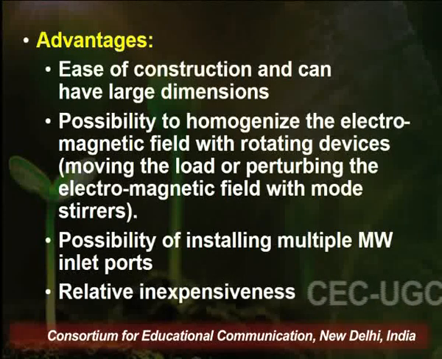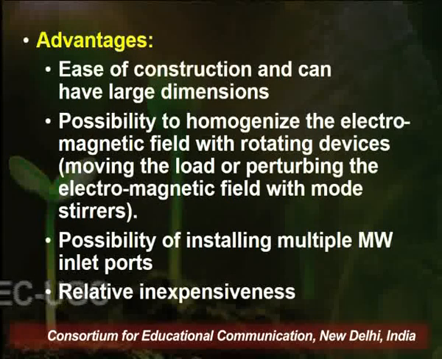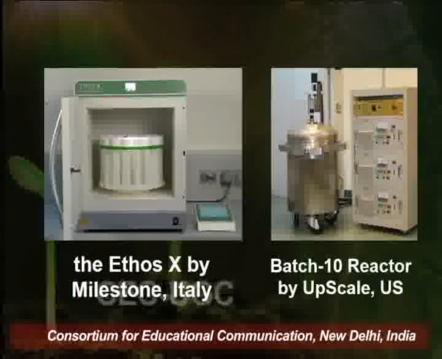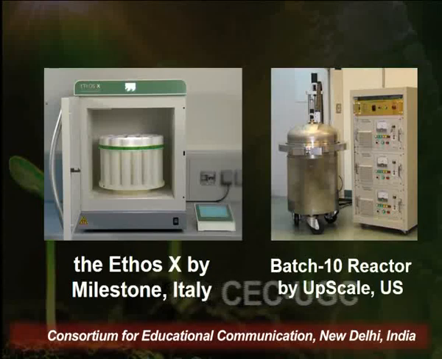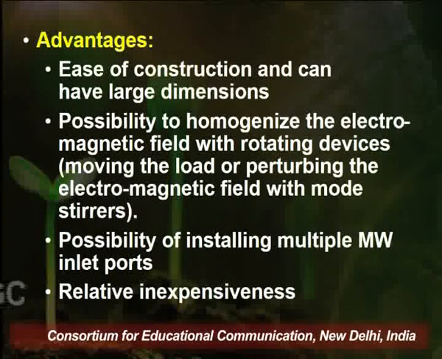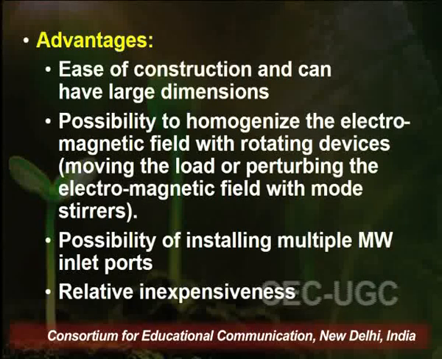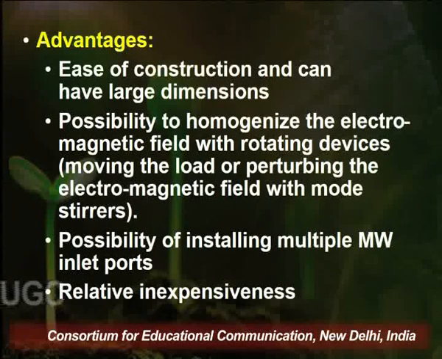There is the possibility to homogenize the electromagnetic field using rotating devices. As we have seen in this picture, the extraction vessel keeps on rotating in the cavity, and as I told you, this helps in a homogenized distribution of the electromagnetic field. Then there is the possibility of installing multiple microwave inlet ports.